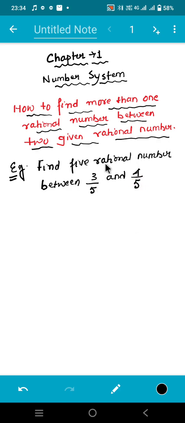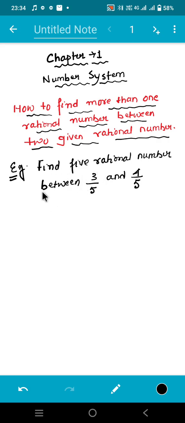Now, as you see, these are the two given rational numbers, and both have the same denominator. Now, in this case, how exactly will you find five rational numbers?